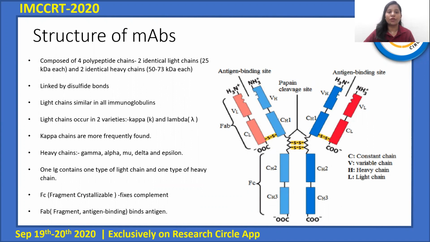Kappa chains are more frequently found. Heavy chains are of types like gamma, alpha, delta, and epsilon. One Ig contains 1 type of light chain and 1 type of heavy chain. Fc, that is fragment crystallizable, is the fixed component, and Fab is the fragment antigen binding, which binds the antigen.